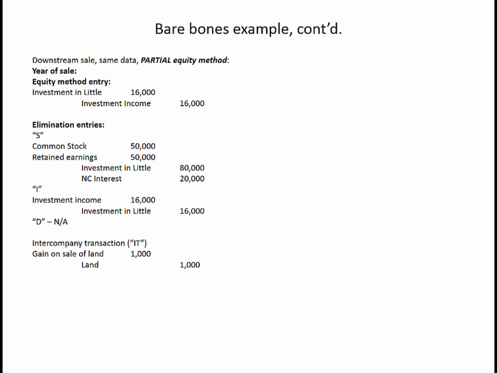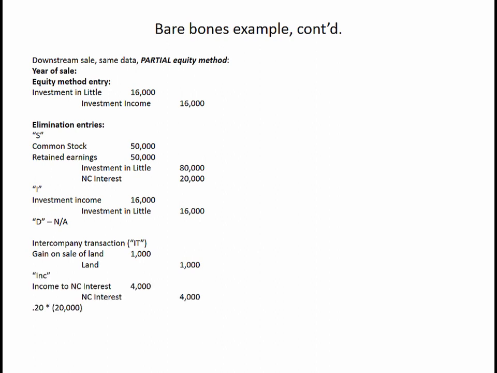D for dividends, not applicable. This intercompany transaction is the exact same way it was before. There's a $1,000 gain on sale of land, and whether it's on the parent's income statement or the subsidiary's income statement, it has to be eliminated. So we eliminate the gain on sale of land, and we lower the land from its inflated value of $11,000 down to its true cost of $10,000.